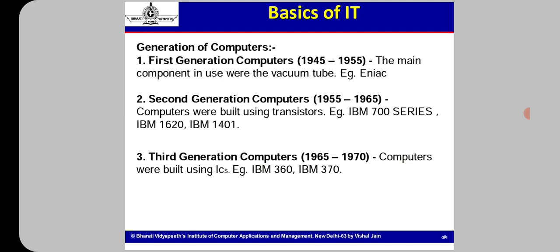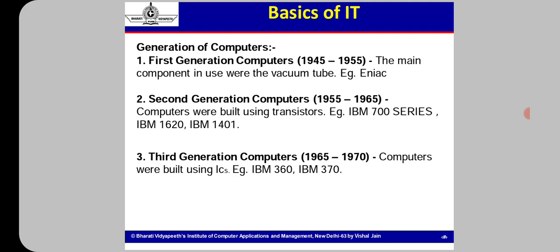The main component used in first generation computers are vacuum tubes. And an example for first generation computers is ENIAC.